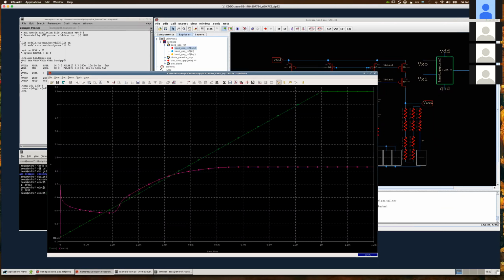And these multiple crossovers mean that they are mathematically valid potential operating points for these 2 nodes.